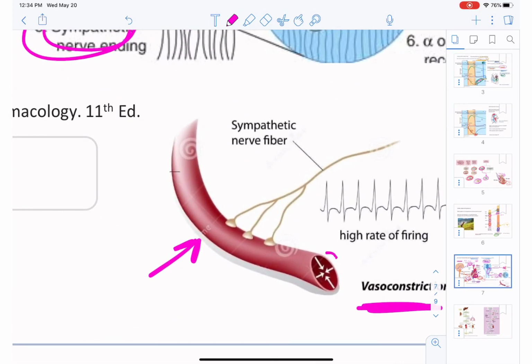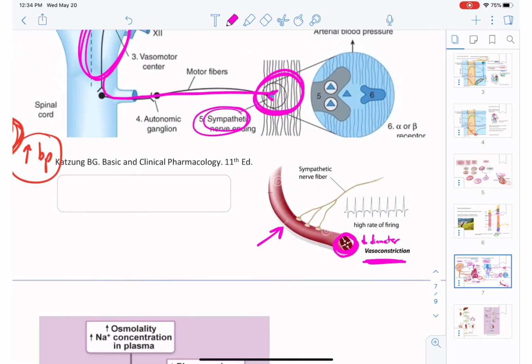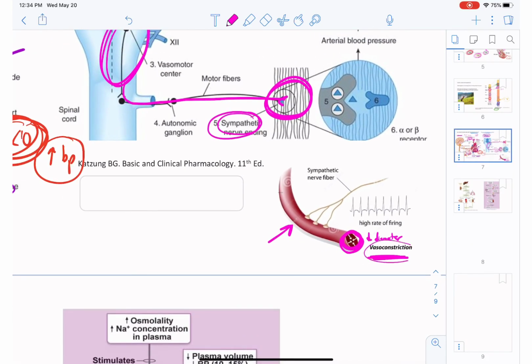It causes the diameter of the blood vessel to go down. How does that increase blood pressure? Well, the less space you have in there for the blood, the more pressure that blood is going to apply. So another way to increase blood pressure is to vasoconstrict the blood vessels throughout the body. And that's what the vasomotor center is doing.